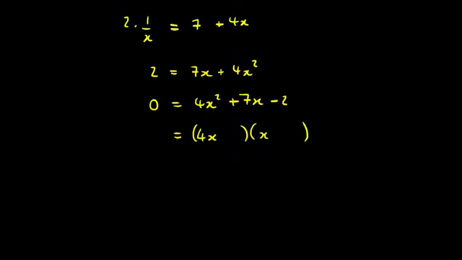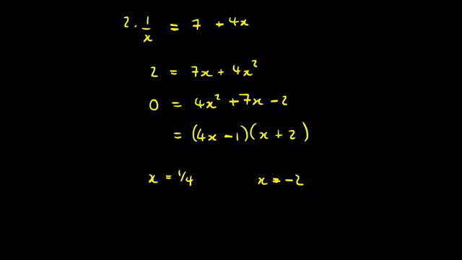I'm going to call that 4x and x, and I think that'll be +2 and -1. The two numbers 2 and -1 multiply to give -2. If I expand this, I get 4x times +2, which is 8x, and I get -x there. So this is going to give me two solutions: x is equal to 1/4, or x is equal to -2.